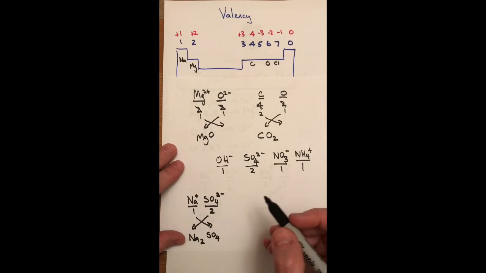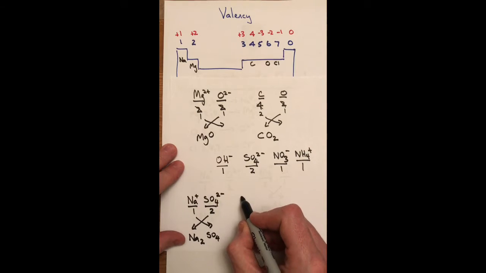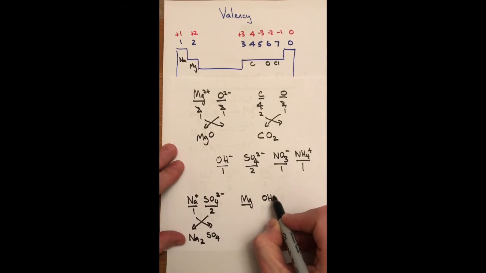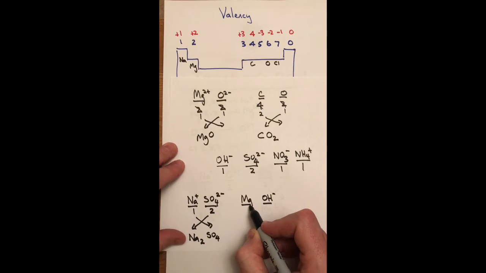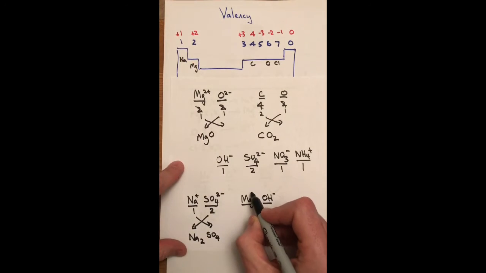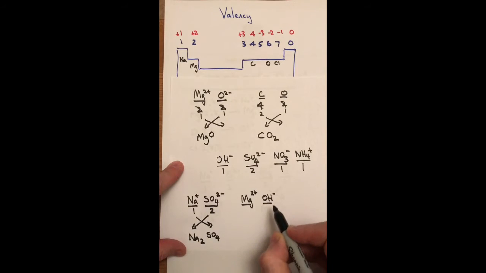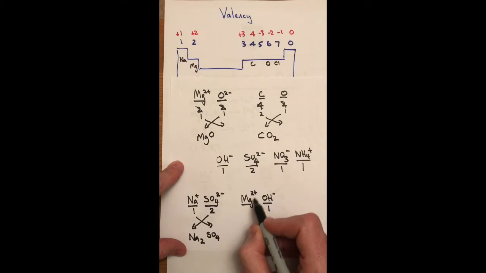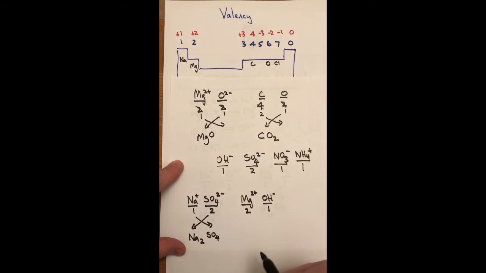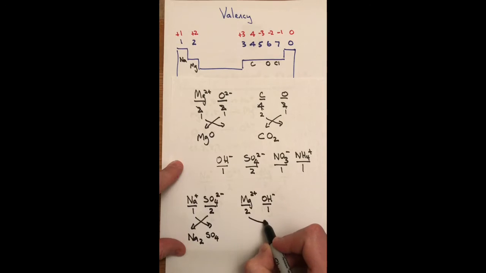We can do the same. Let's try a trickier one. Let's give ourselves magnesium and the hydroxide. So the magnesium is in group 2. We can see it's still here, so it's Mg2+, and we've got the hydroxide OH-, because it's a minus, that's a valency 1. This is 2+, therefore the valency is 2. Cross them over, so they swap.